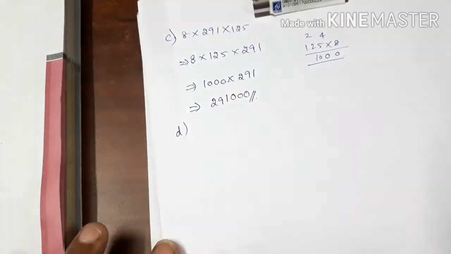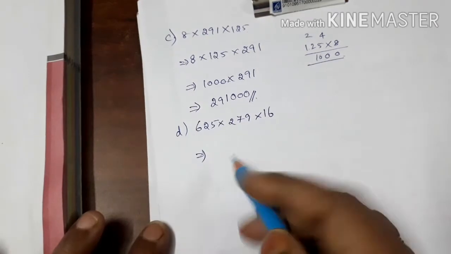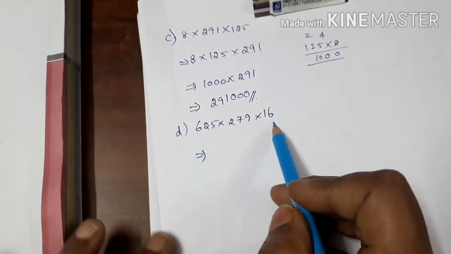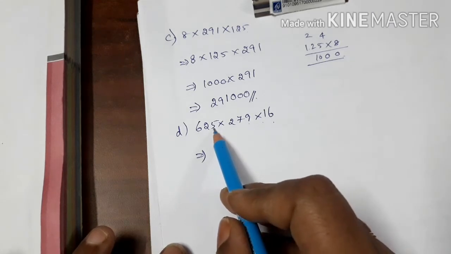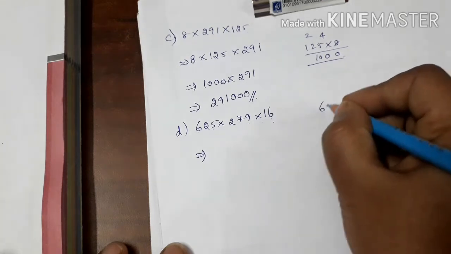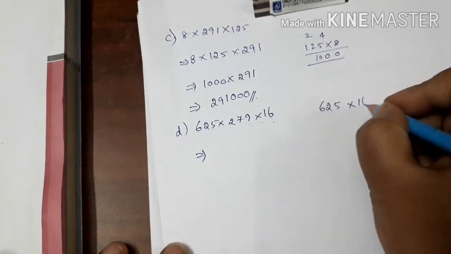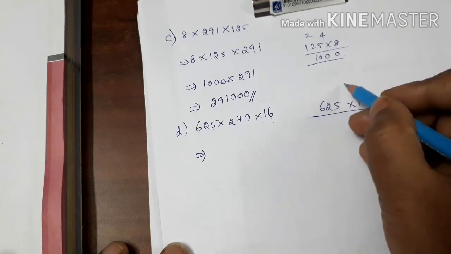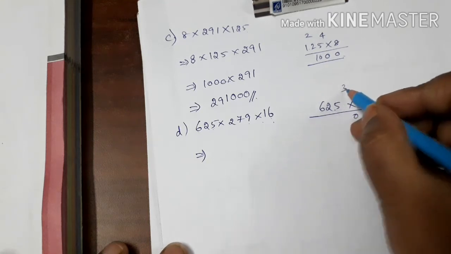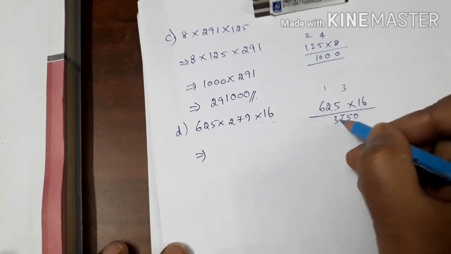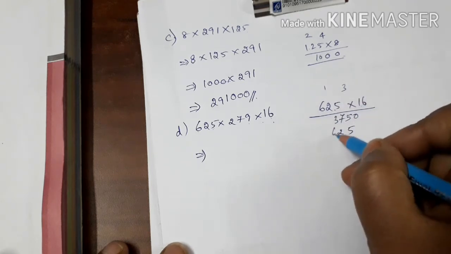D sum: 625 into 279 into 16. Here also we are multiplying 6 into 5, 30. So we are multiplying 625 into 16. 6 fives are 30, remaining 3; 6 twos are 12, 12 plus 3, 15, remaining 1; 6 ones are 6, 7.